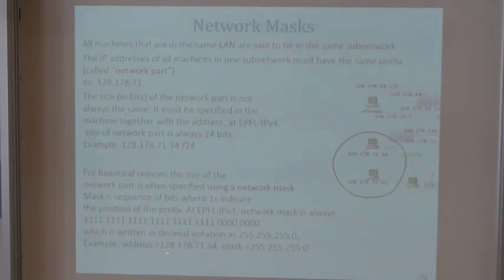So why do we have this clumsy operation? Why don't we say simply /24 instead of saying this? That's for historical reasons. You could as well say the subnet prefix at EPFL is 24 bits. Now the bad news is you need to configure a machine with this.